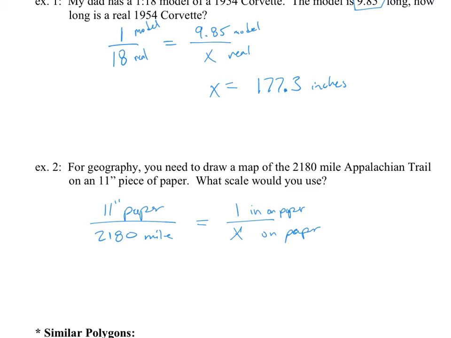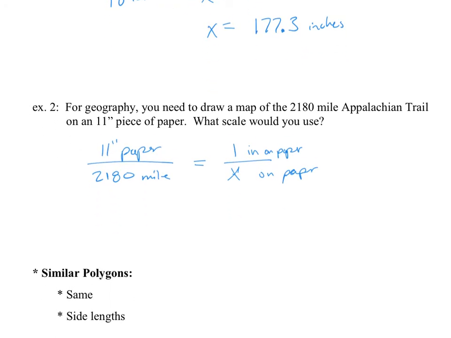So just cross multiply and divide. 1 times 2,180 divided by 11 equals 198.18, repeating. So you would have a scale. It's asking what scale would you use.